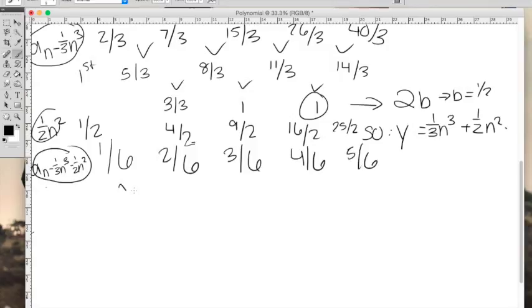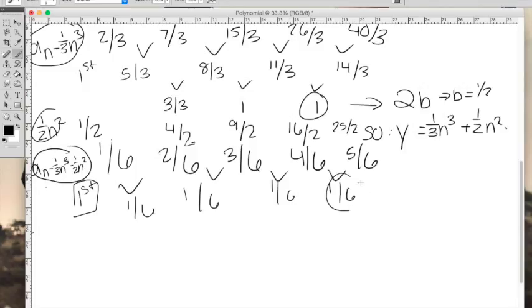So then the first constant difference there is 1/6, and this is equal to c. So y equals 1/3 n cubed plus 1/2 n squared plus 1/6 n.